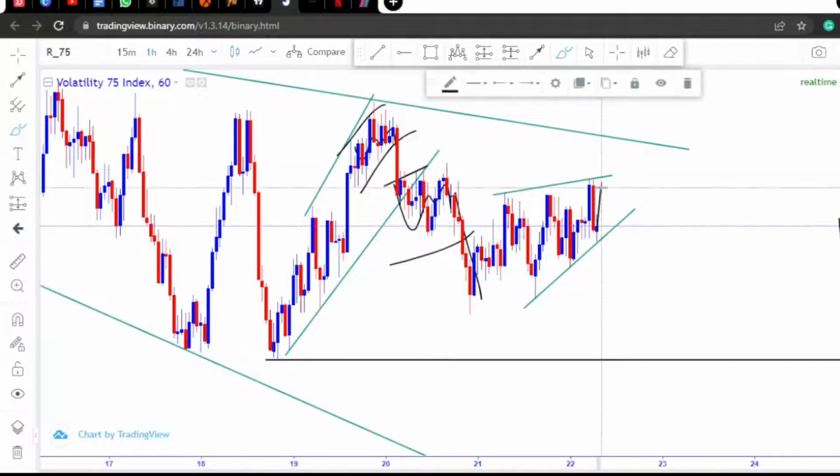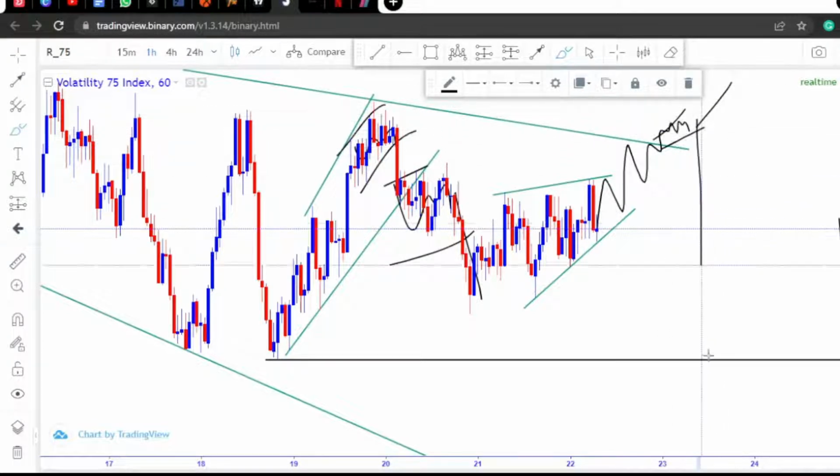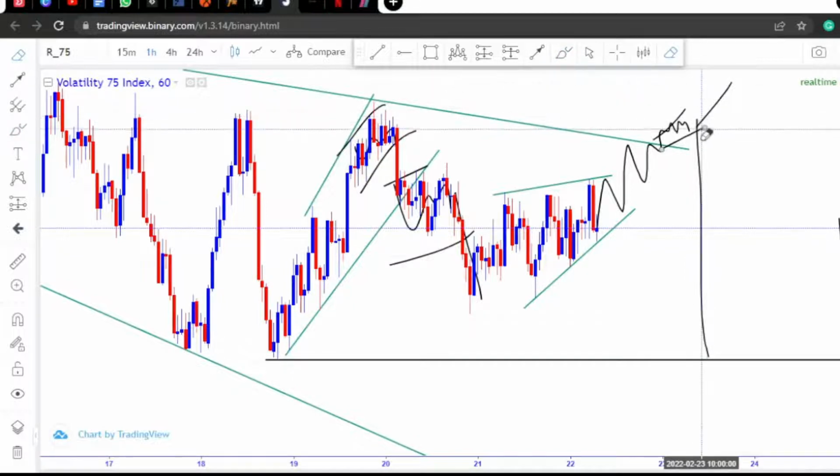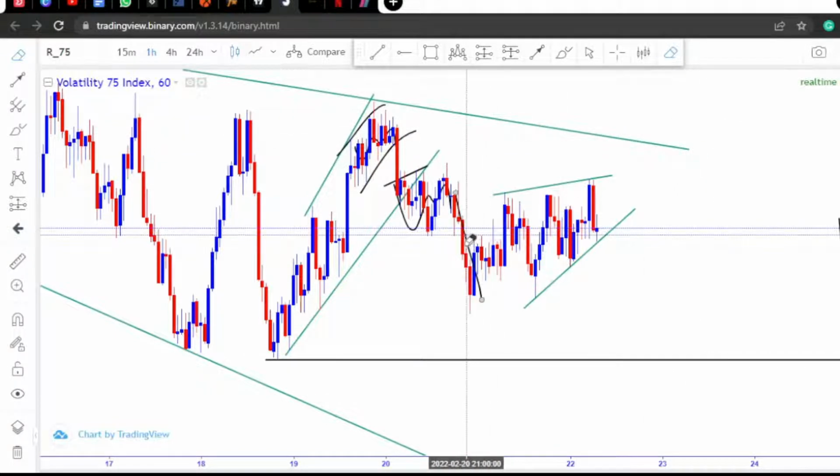My anticipation is that it might do this, then break here, give us a pattern, catch people on the wrong side who think it's going to continue, and then it just goes down. That's why you have to be patient, and you have to know what you're doing.